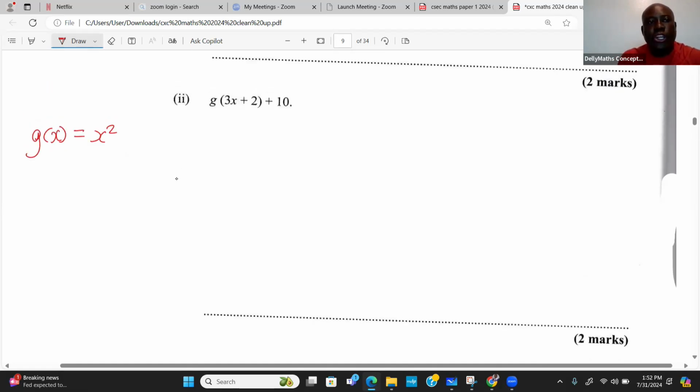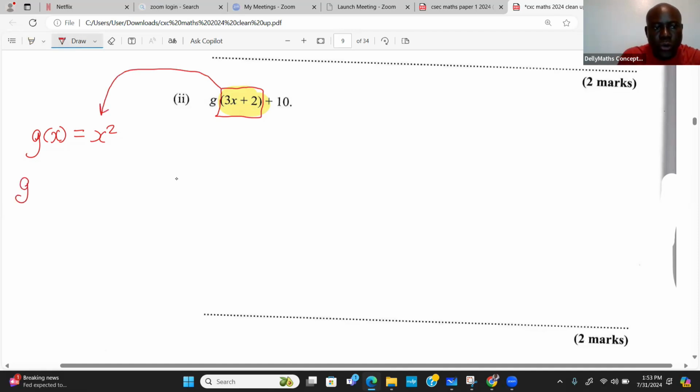Now, if I am going to simplify g of 3x plus 2, then plus 10, it's not a big deal. Bear in mind that this part that is in the bracket will actually go where the x is. So we're going to just put this right here.